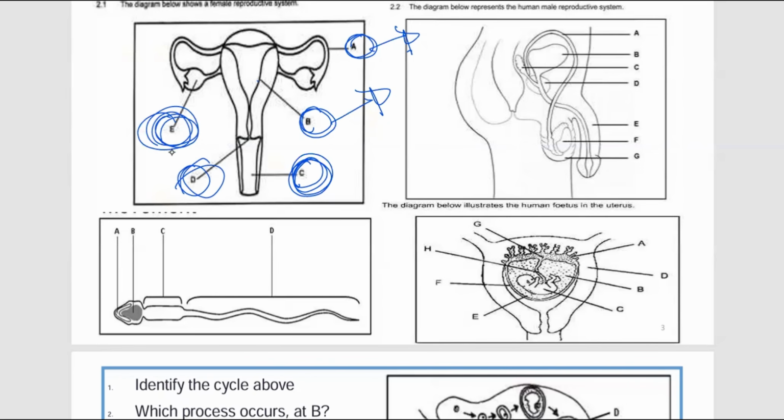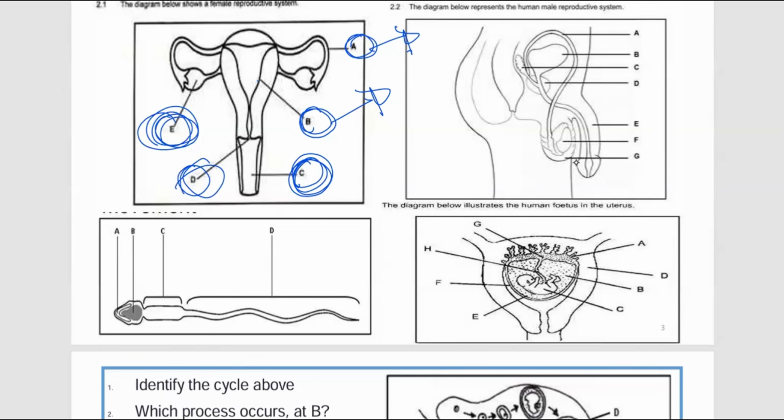That is ovary, very good for production of hormones, estrogen and progesterone. Number 2 is also good for providing the ovum. It produces the ovum. The second function is producing hormones, that is estrogen and progesterone.